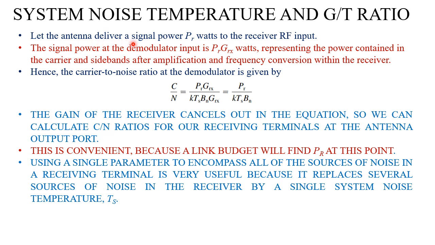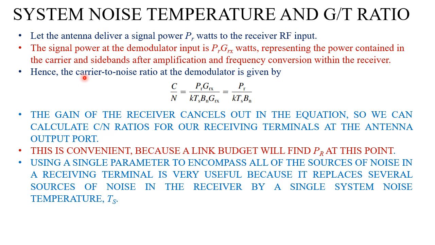Let the antenna deliver a signal power of PR watts to the receiver RF input. The signal power at the demodulator input is PR into GRX, right? Representing the power contained in the carrier and sidebands after amplification and frequency conversion within the receiver.